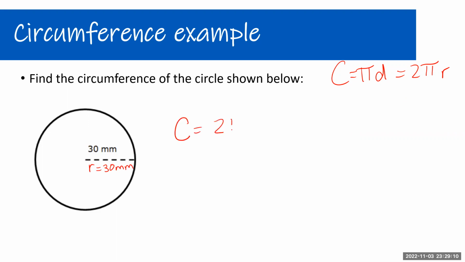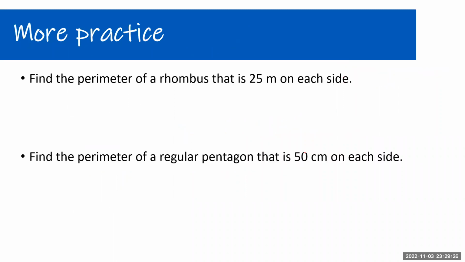Circumference is going to be 2 times pi times our r, which is 30 millimeters. And if we put this into our calculator, we're going to get somewhere around 188.5 millimeters. Okay, make sure that you can do that. Now, again, this is a great place to pause and get yourself some practice. I'm going to proceed.